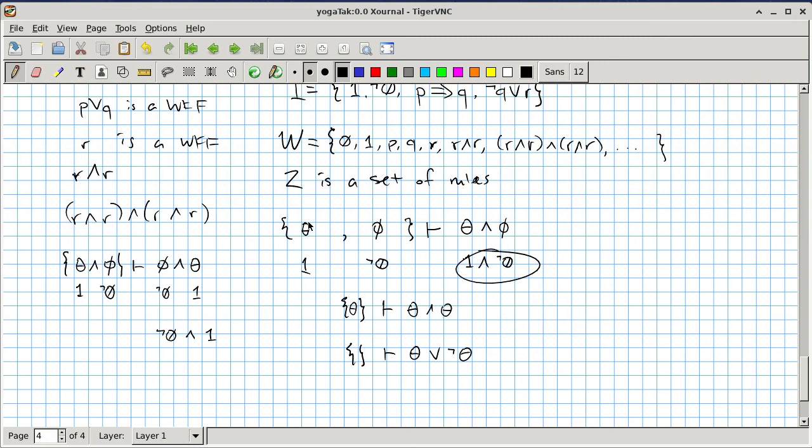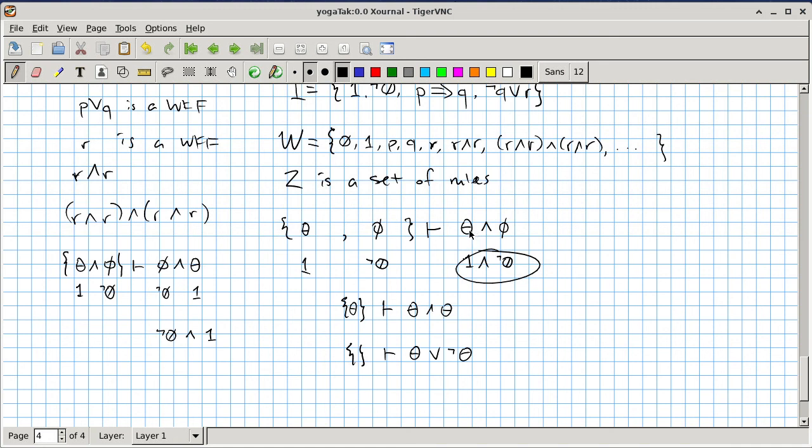It doesn't specify the format. So it can be a conjunction, a disjunction, a negation, or just a simple symbol from the alphabet. So it can be one. That's the reason why it can be one. And then once you find a way to fill the placeholders, each with a well-formed formula that is known to be true at this point, then I can conclude using the very same placeholders.